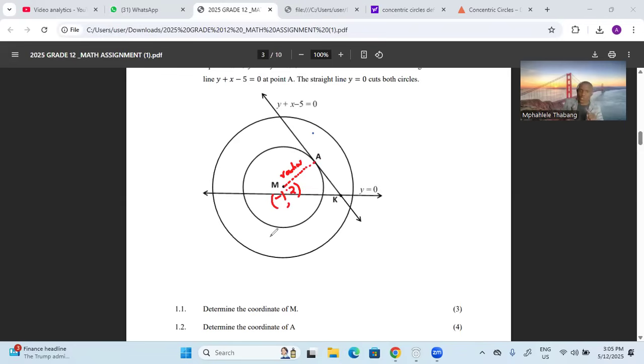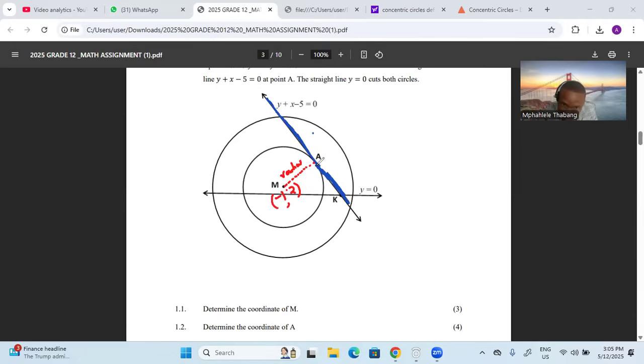So how do we find the coordinates of A? One thing that I want to bring forth is that the straight line from M to A intersects with the line of tangent. So I'm going to show you the line of tangent in blue, which is the line y plus x minus 5 equals 0.